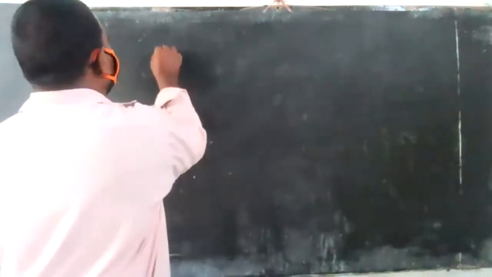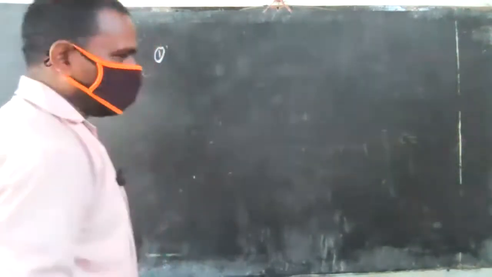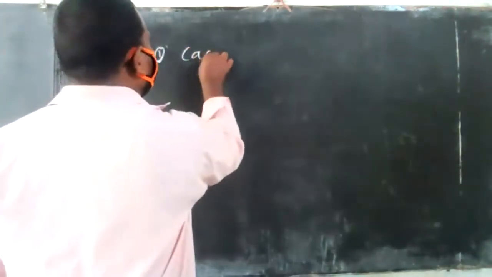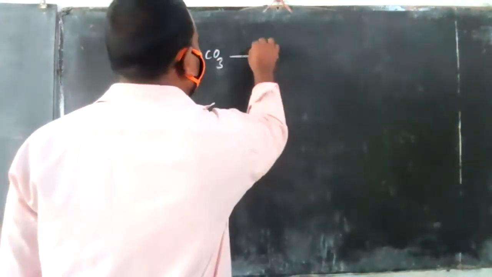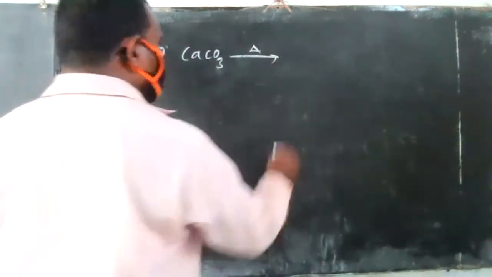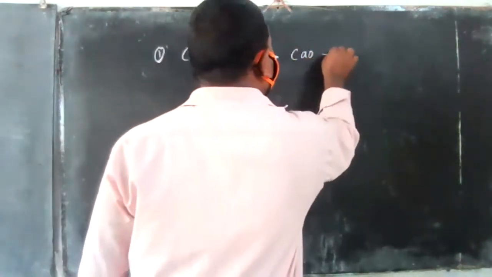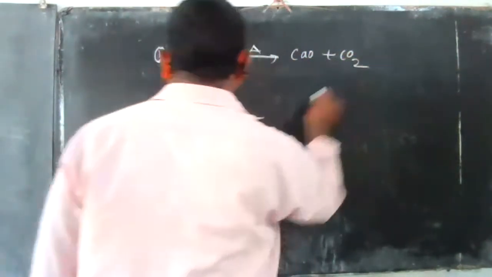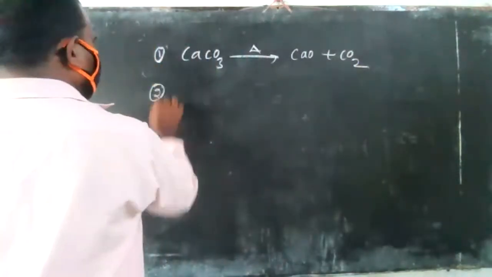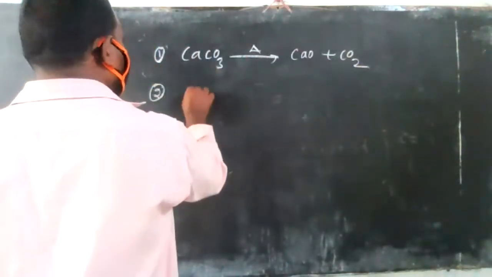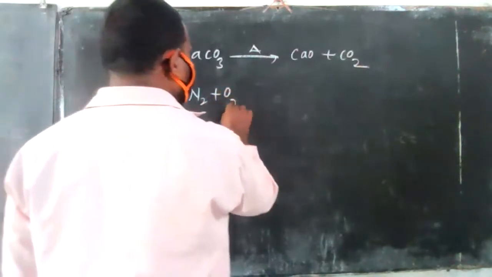Some examples given. One is calcium carbonate giving calcium oxide and carbon dioxide. Second one, nitrogen.